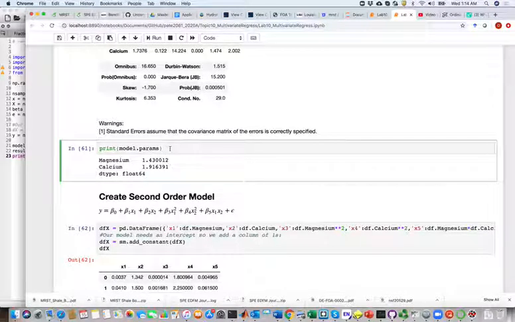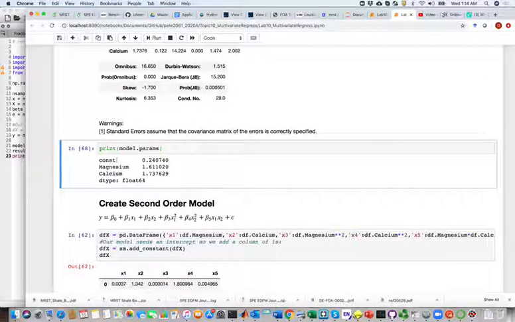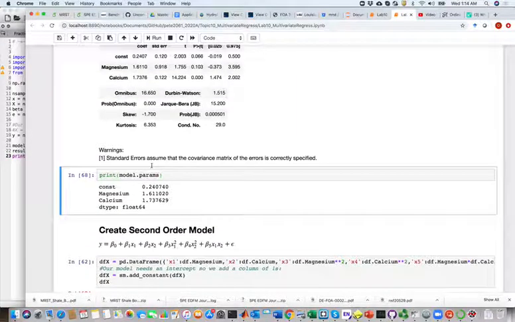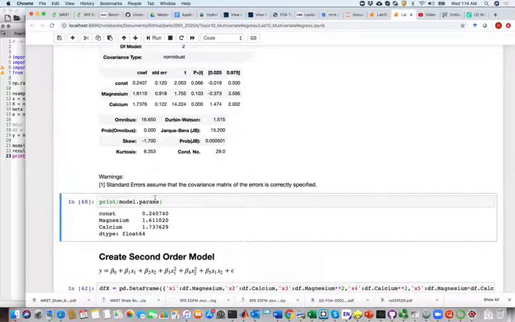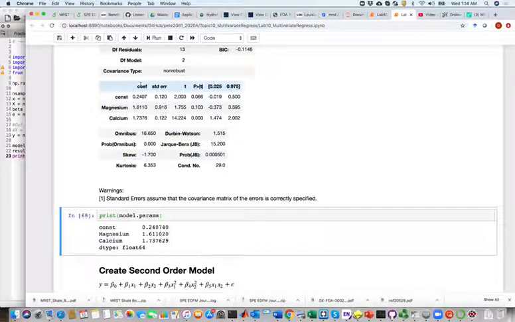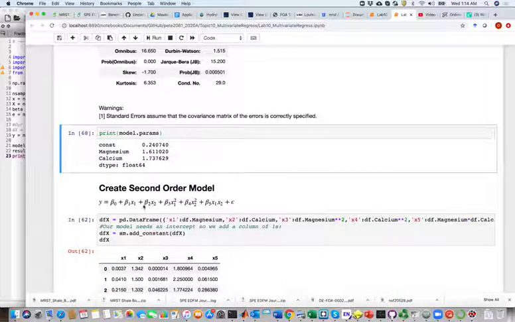We can grab those model parameters, which are precisely beta naught, beta 1, and beta 2 in the previous equation. And you will see that's precisely this. So this column gives you the coefficient, 0.2407, 0.2407.